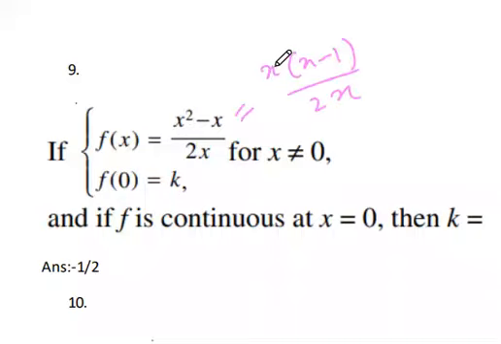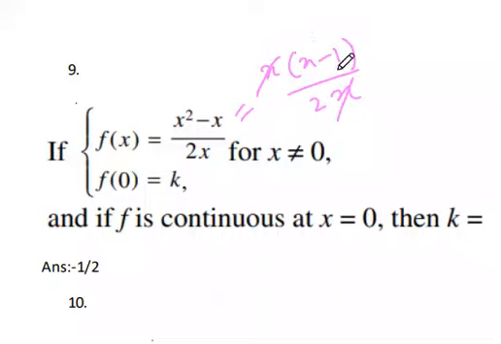So x is common. I take x, the common factor of these two terms, and take it out. Then I am left with x and -1, right? And in the denominator we have 2x, and because x is not equal to 0, you can cross this off. Now let's consider the limit as x approaches 0.